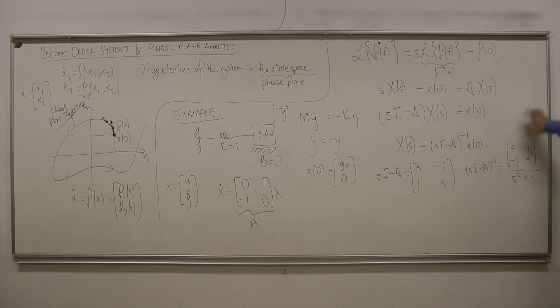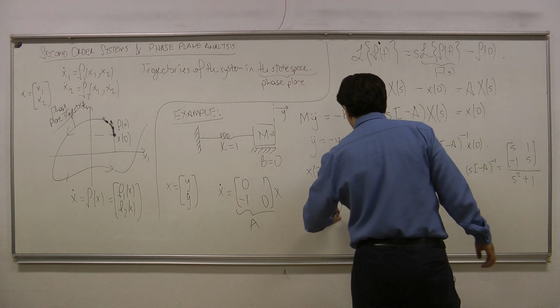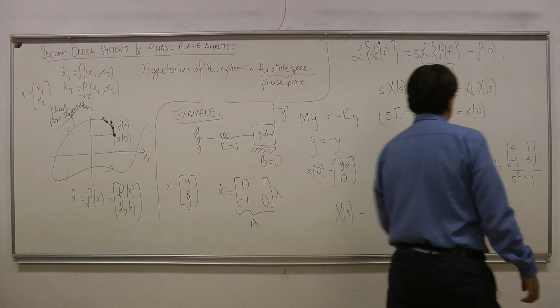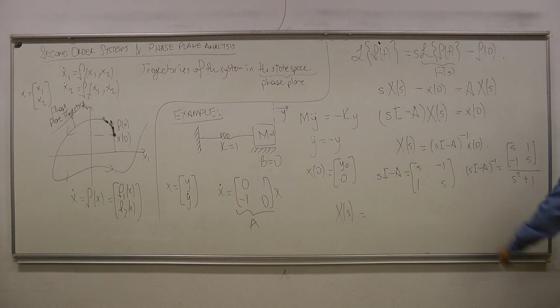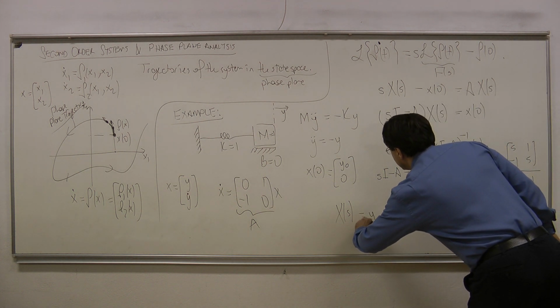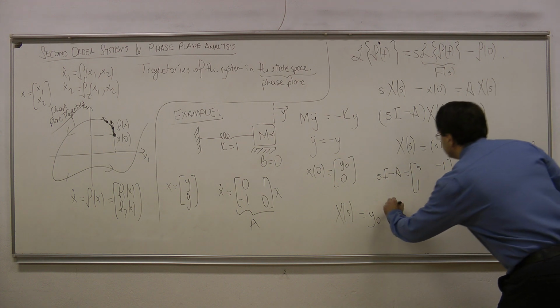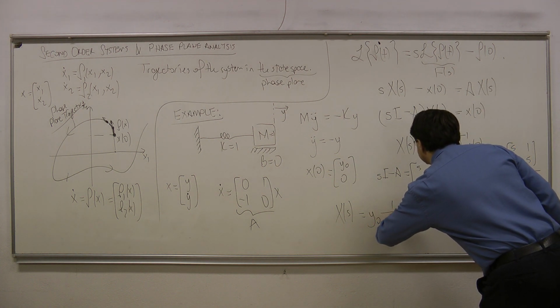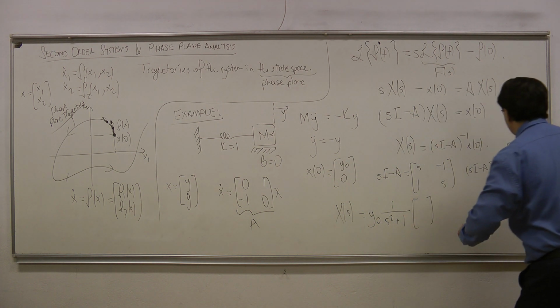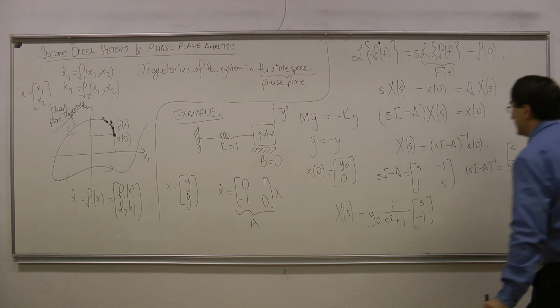So when I multiply it, I know that the first column is going to be multiplied with y0. Okay? So I have X of s equal to this times that initial condition. y0 is going to multiply everything, and I would have the first column over the determinant, s and minus 1.